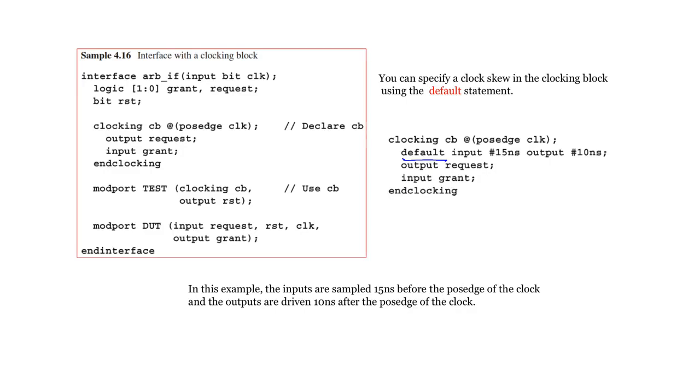The meaning is that inputs are sampled 15 nanoseconds before the positive clock edge and outputs are driven 10 nanoseconds after the positive clock edge. So this is how you can specify the clock skews required. You can override the default clock skews using default statements.